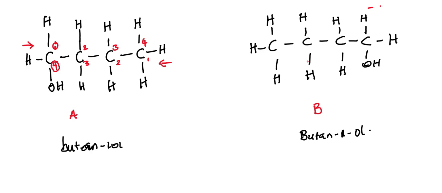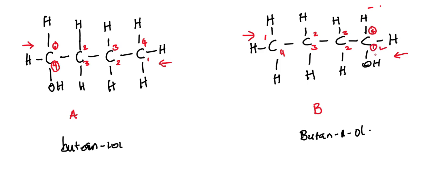And this second structure B, the same thing. We're going to number from both sides and see the one that will give us the least. 1, 2, 3, 4. If we number from this side, 1, 2, 3, 4, and we would see that the carbon with the OH group is in either position 4 or position 1.